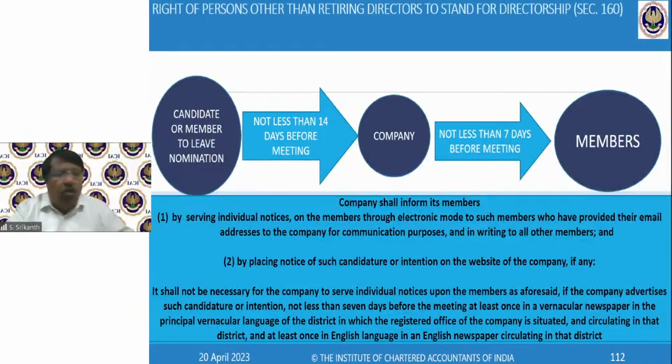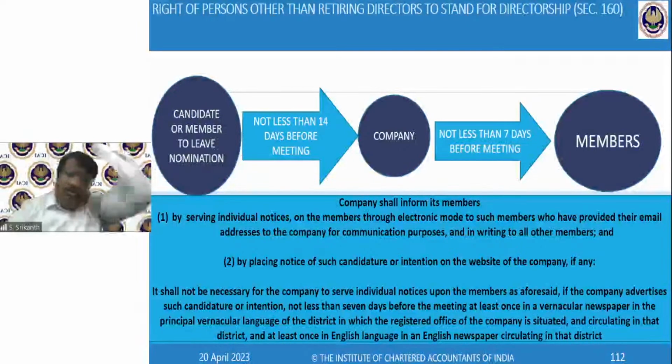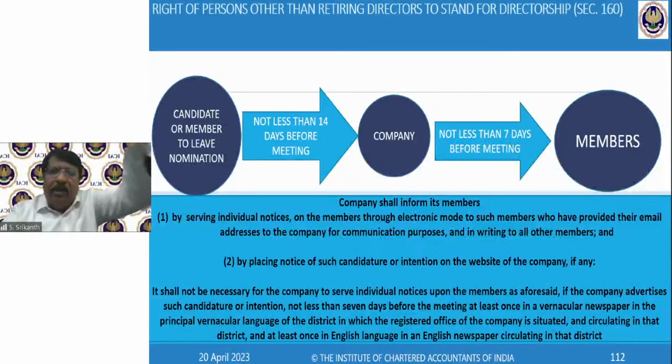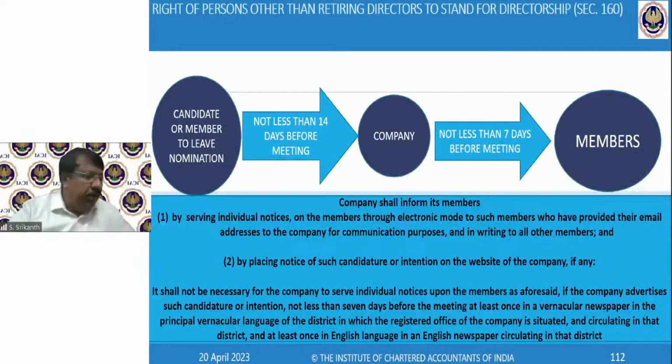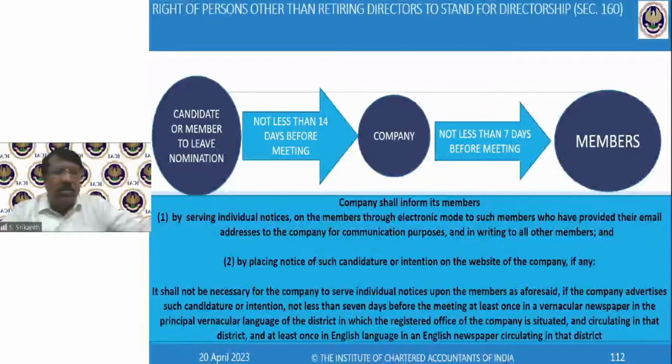But today, you are allowed to give electronic mode. So all you need to do, if it's a listed company, is inform the registrar and share transfer agent, give him the content. He will float it to the registered email IDs of all the shareholders with the DP IDs. So straight away it will be over. So this exception, where they can give an advertisement, may not be very relevant today.